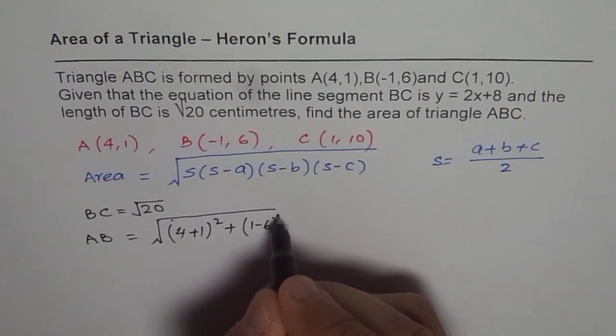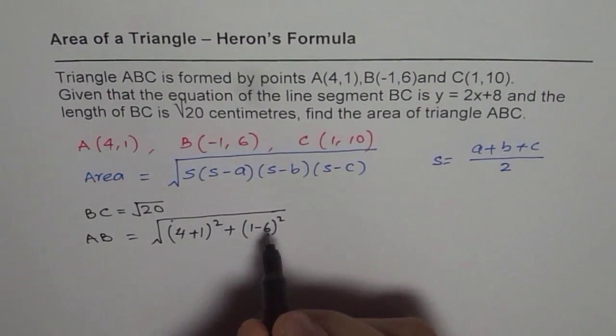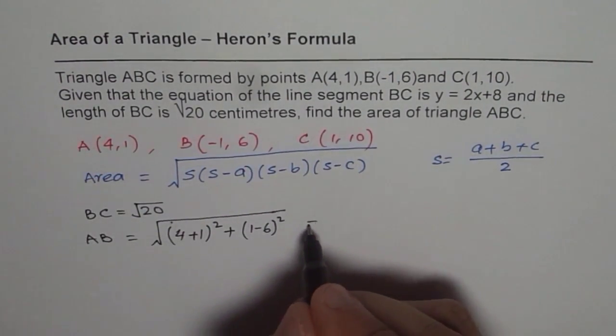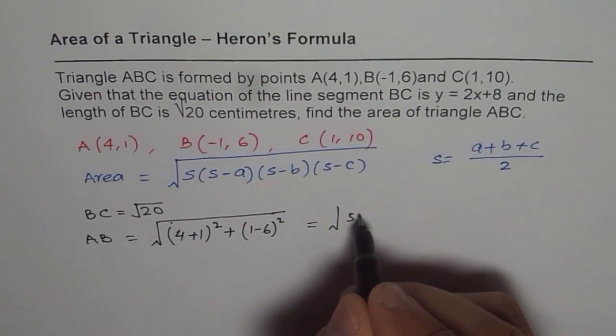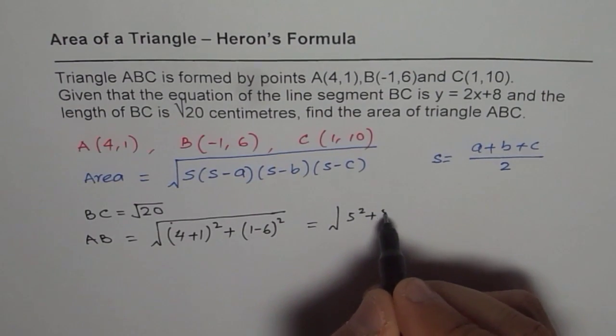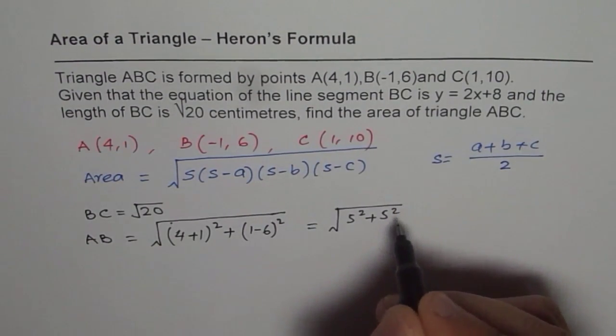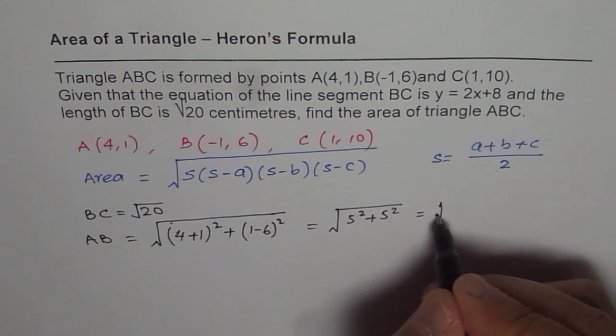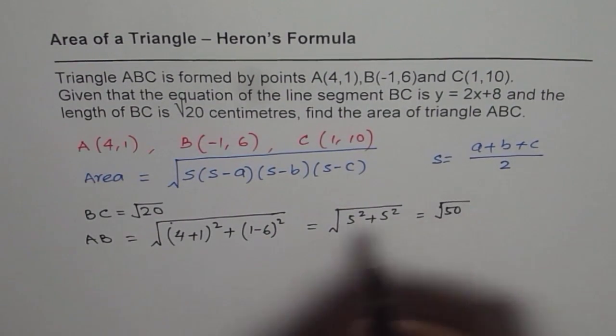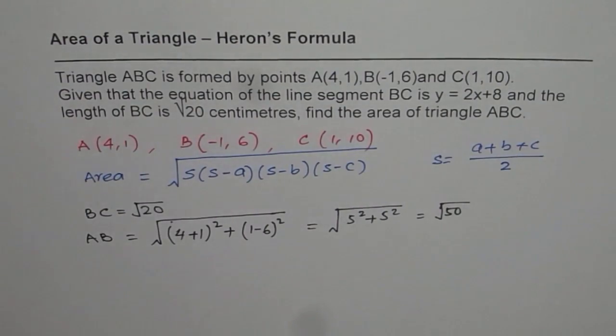In this case, order does not really matter since we square it. So we get the square root of 5 squared, which is 25, plus 5 squared, which is also 25. I could write this as 5 root 2, but I prefer to write root 50 itself, just as we are taking square root of 20.